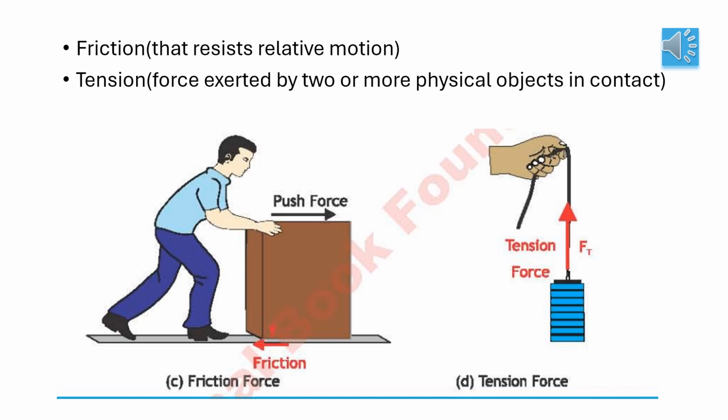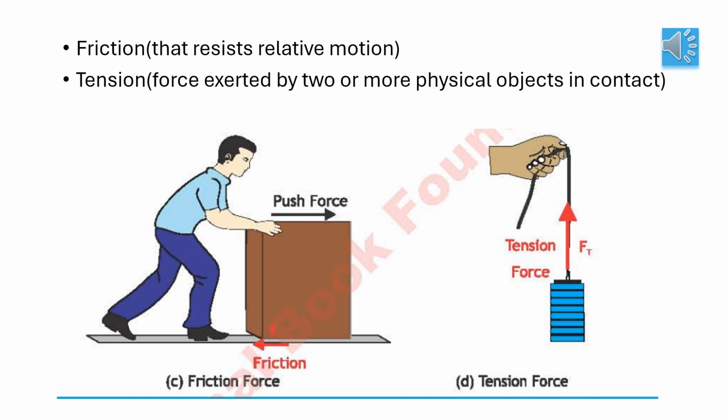Next is tension. What is tension? So when you suspend a weight by a string, then the string is in tension due to the downward weight.